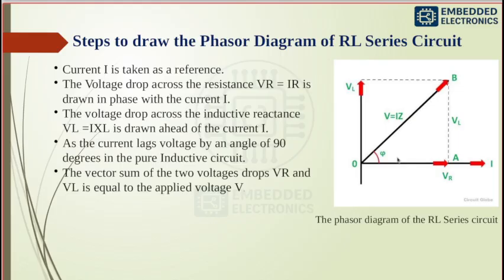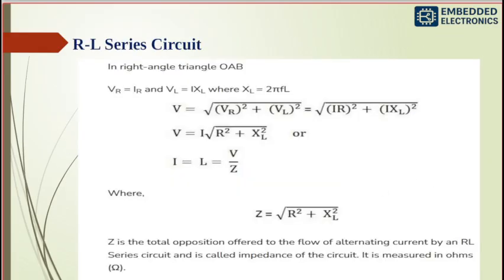From the pure inductive circuit, we already know that the current lags the applied voltage by pi by 2. So we need to draw VL like this. V is the vector sum of the two voltages, VL and VR, so you need to write V here. So this is the phasor diagram.